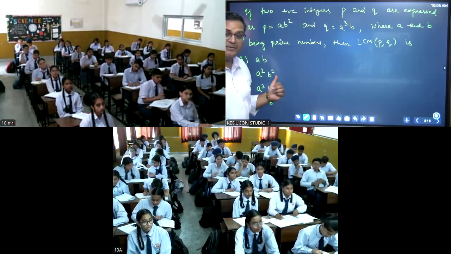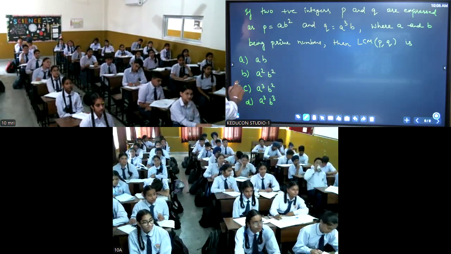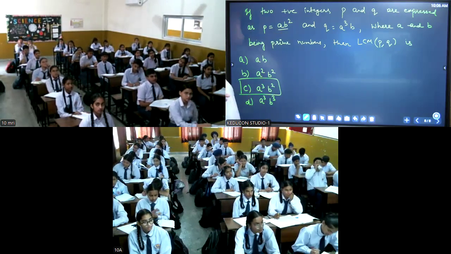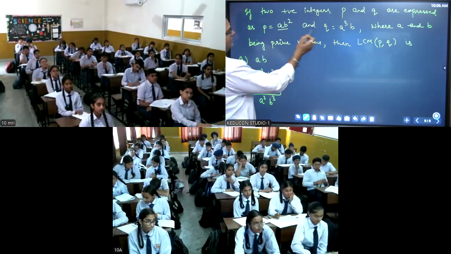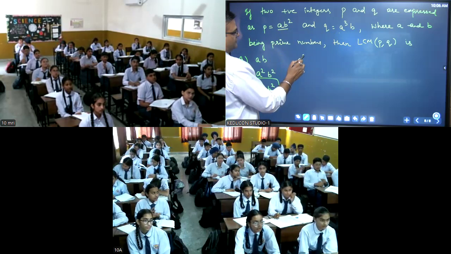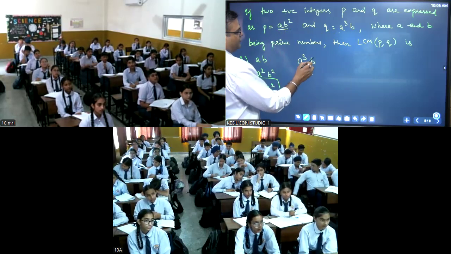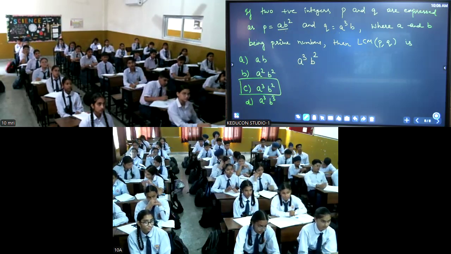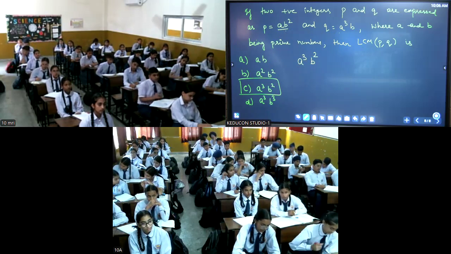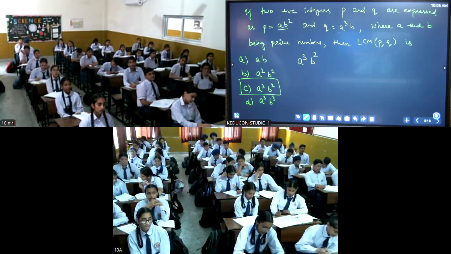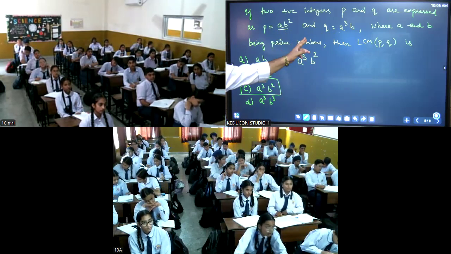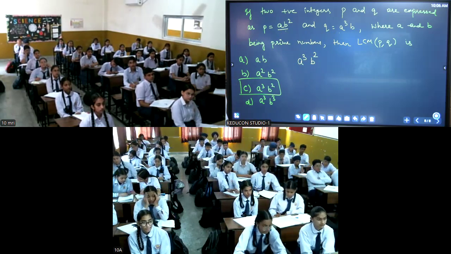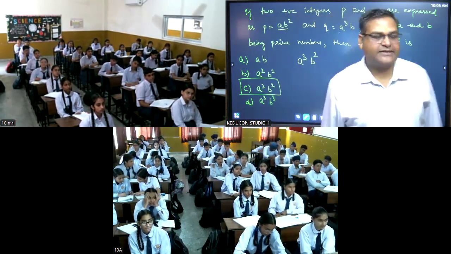A option. A भी बोल रहे हैं. Very good, beta. What you have to do? Take the highest power of both the numbers. What is the highest power of B? That is square. So therefore, A cube B square. What will be their HCF? AB, right? Yes or no? What is the least power? A is 1, B is 1. So therefore, if the question is HCF, then option A is correct.